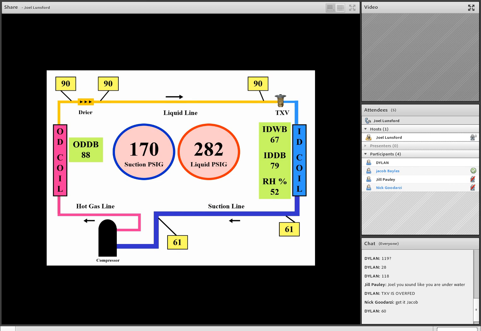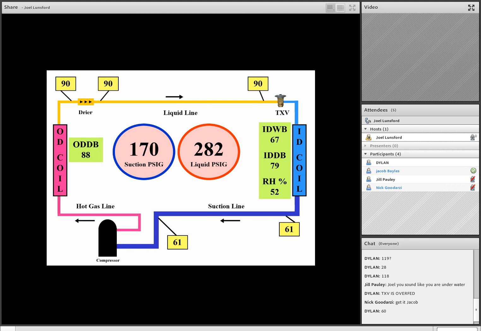Now we also see that leaving the indoor coil, the evaporator coil, we have 61 degrees suction line temperature. So we have a low superheat value, and so that means the indoor coil is flooded for whatever reason. So write that down: low superheat, flooded coil for whatever reason.